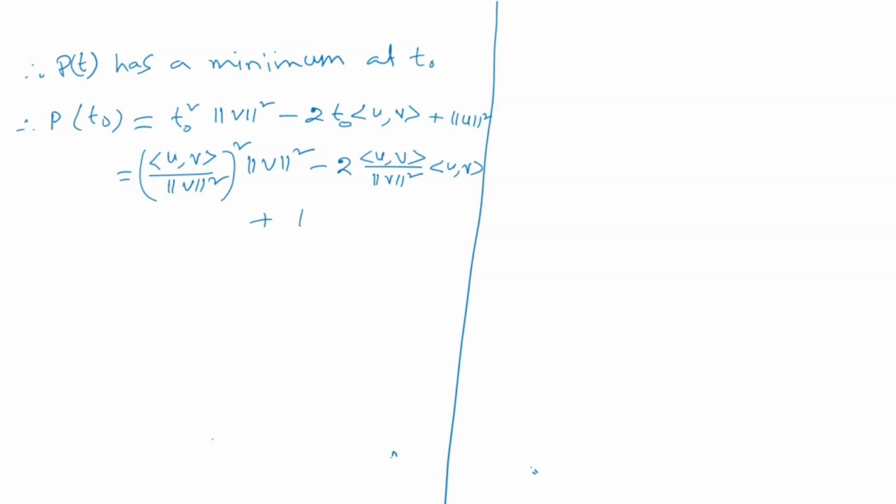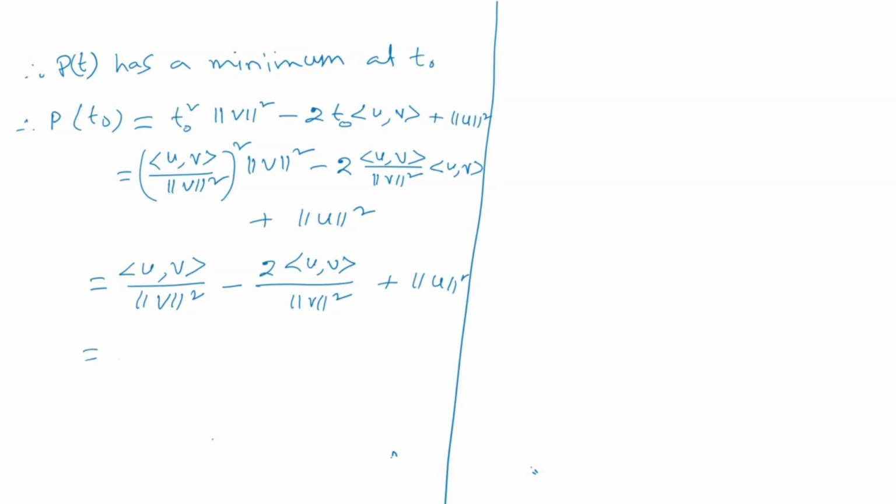Substituting, we get ⟨U, V⟩ square over norm of V whole square, minus 2 ⟨U, V⟩ square over norm of V whole square, plus norm of U whole square.